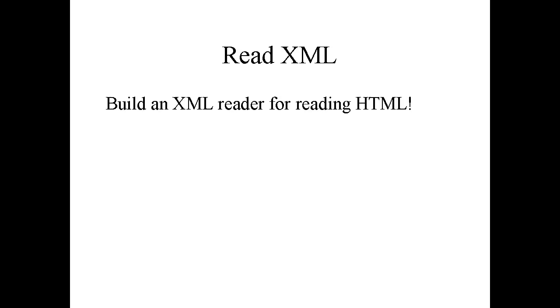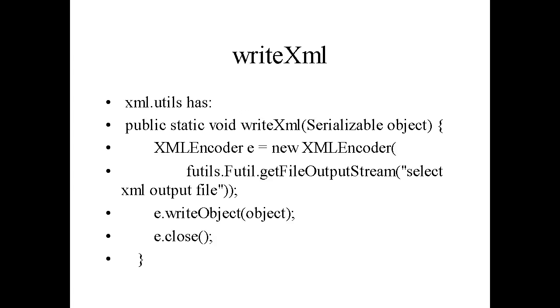You can build an XML reader for reading XML, and there are parsers already pre-built for that, which will help you. But you can also build an XML reader for reading HTML, provided the HTML is well formed.